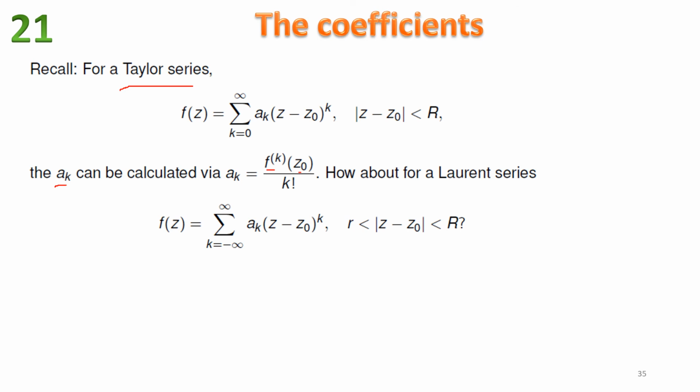Now, how about the Laurent series in such a situation? f of z is equal to the sum of a_k into z minus z0 to the power k, where k rolls from minus infinity to plus infinity.